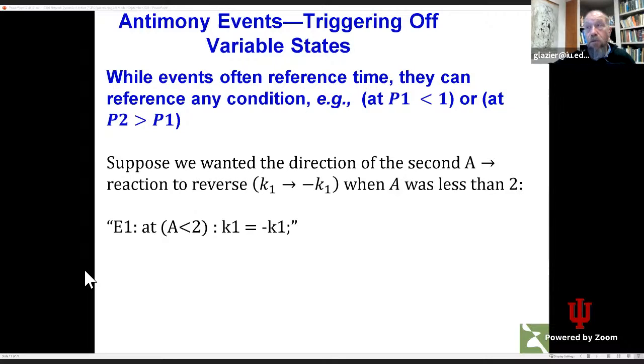We could say if P1 is less than 1, trigger. Or we could ask about the relationship between two variables. If P1 is bigger than P2, trigger. P2 is bigger than P1, trigger. So let's try that.